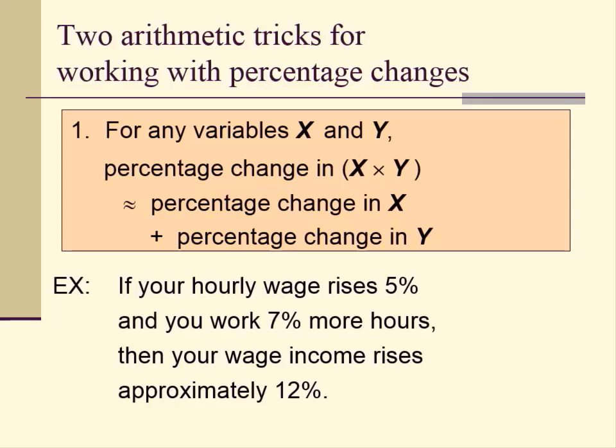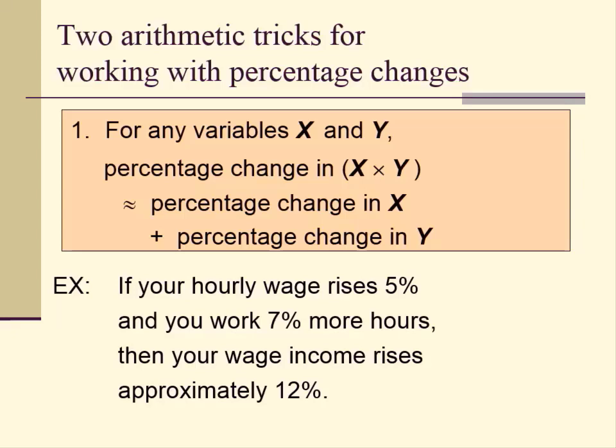That is, if your hourly wage rises 5% and you work 7% more hours, then your wage income rises approximately 12%. Why? Because wage income equals the wage rate times the amount of time you work, labor hours. So here, instead of x and y, you have wage rate and work hours.